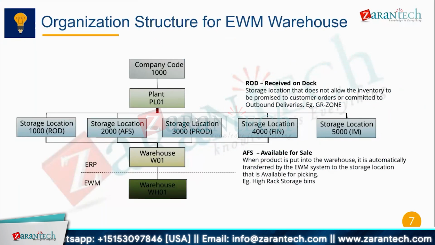So in this particular diagram, you can see that again, it is showing a plant and then different storage locations within a plant, and then the assignment to the ECC warehouse and then the EWM warehouse. And as I had mentioned earlier, the EWM warehouse would be a 4-character warehouse number. Now, how does the naming convention go ahead? It depends on the organization.